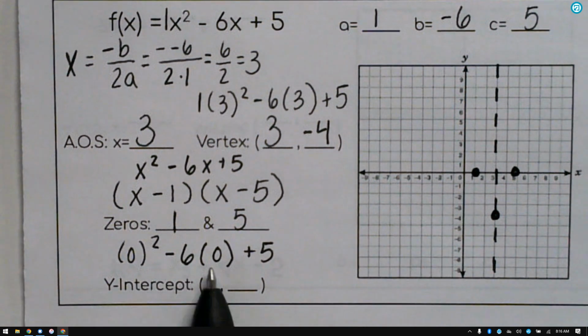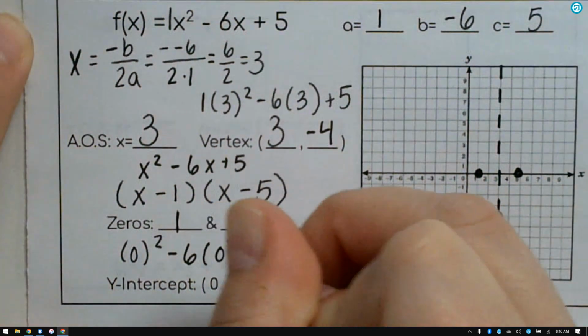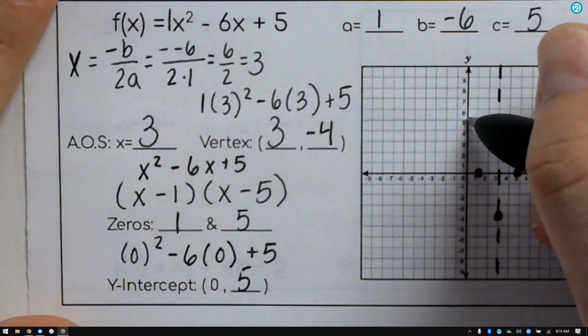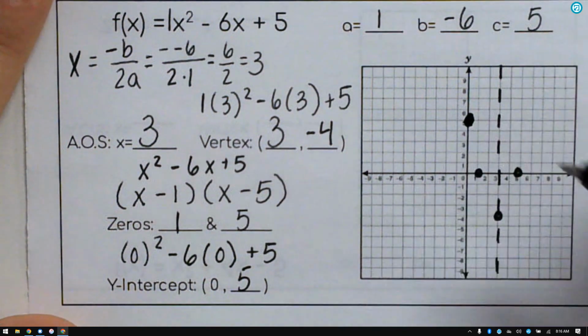So 0 minus 0 plus 5 is just 5. So my y-intercept is 5. Our y-intercept is the same concept as an x-intercept, but it's on your y-axis. So this is my y-axis. My y-intercept gets graphed up here at 5.